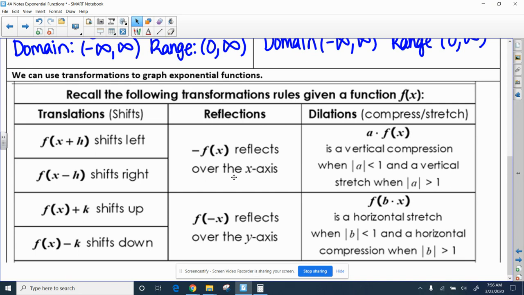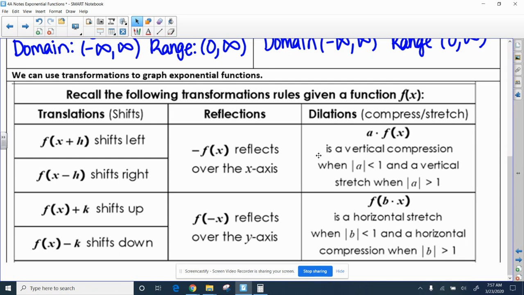Reflections. We can also have reflections when we have a negative. A negative on the outside is a reflection over the x-axis, and a negative on the inside is a reflection over the y-axis. And then we can also have dilations, which are stretches or compressions. If we multiply by a constant, or in this case, a times f of x, if it's not with the x, it's affecting the outputs or vertical.